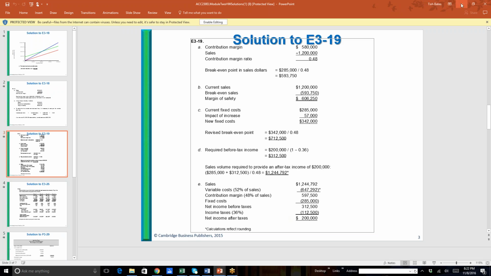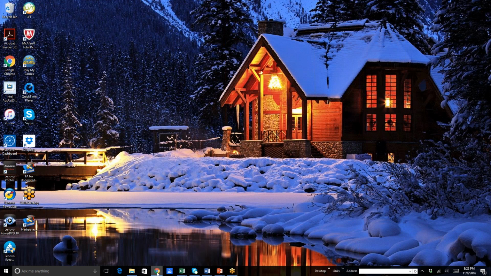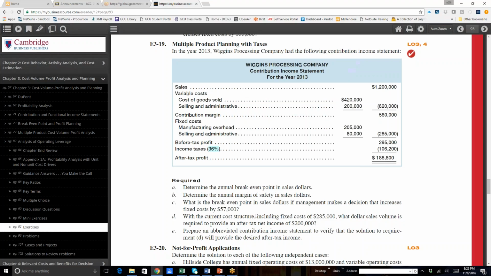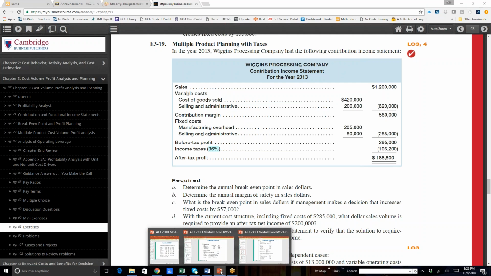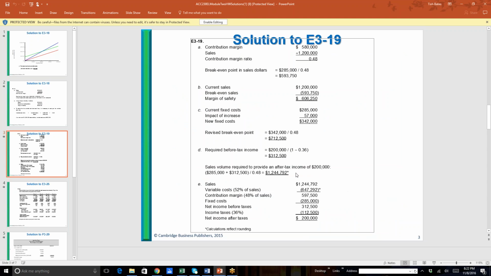So in this case, the question was asking you to take the abbreviated contribution income statement to verify that the solution requirement in D will provide the desired after-tax income. So the key was you had to get this answer right in order to get the rest of this right.